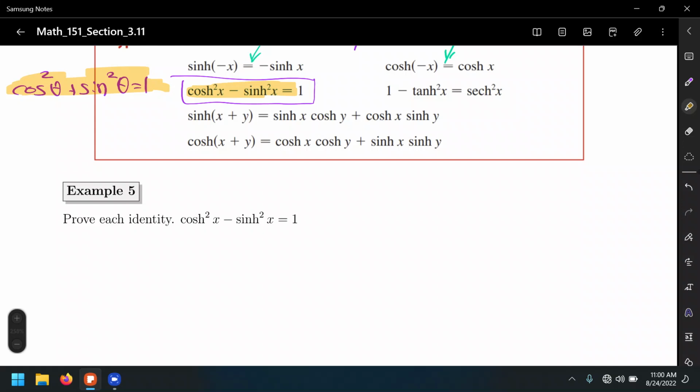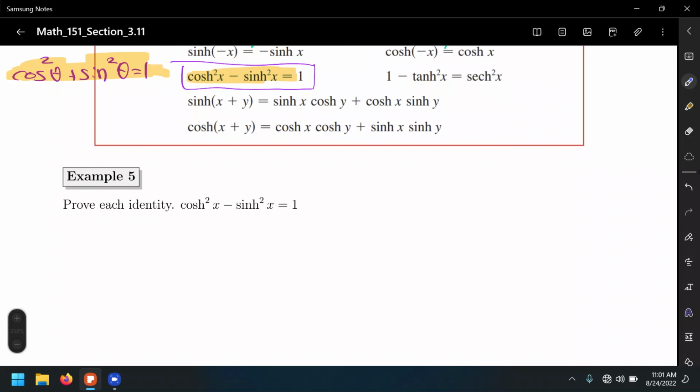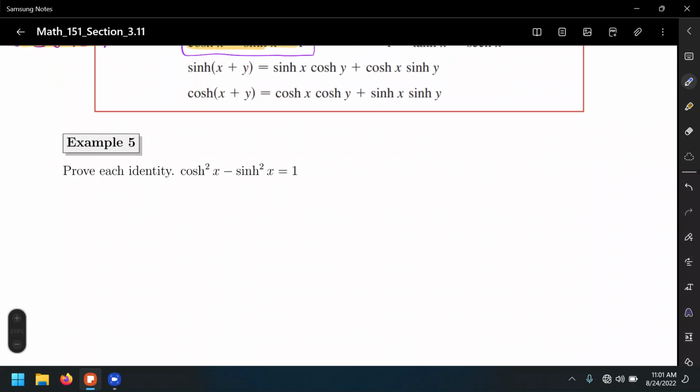As usual, we prove identities from left to right unless otherwise stated, like show it on both sides. In order to prove this identity, we need to rewrite these hyperbolic functions in terms of their exponential definition.